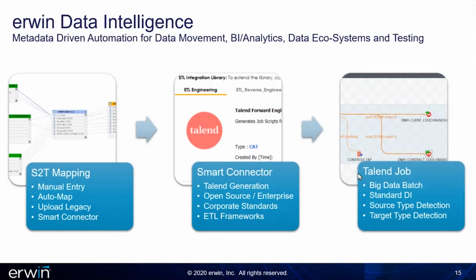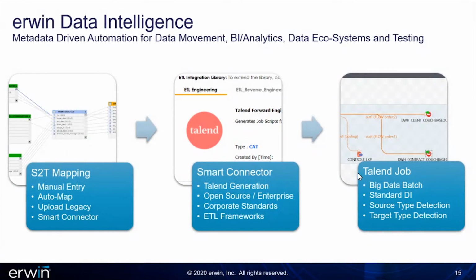So we start with metadata. We have connectors for Couchbase data sources, so we can scan that information right in. You can also bring your Erwin data models into the data catalog and associate them so that you have a rich set of physical as well as semantic metadata around that data source to start working with.